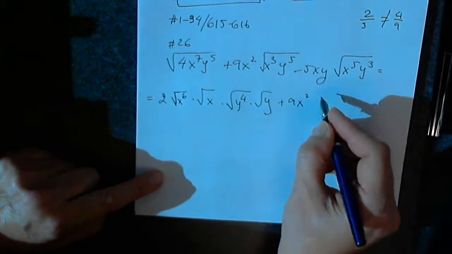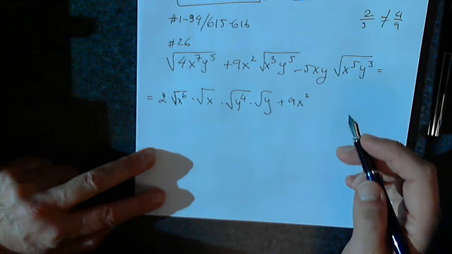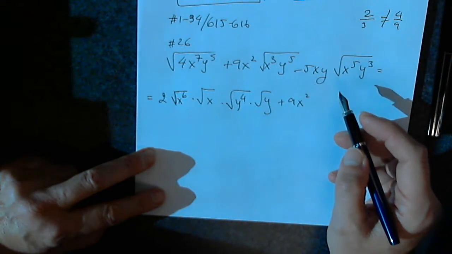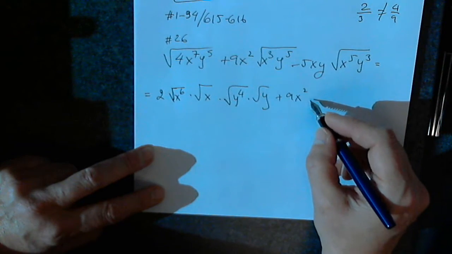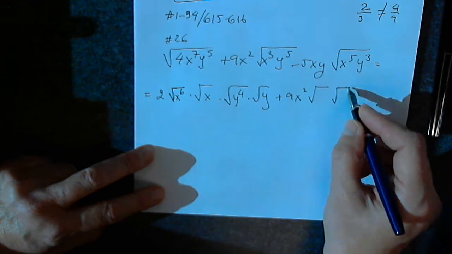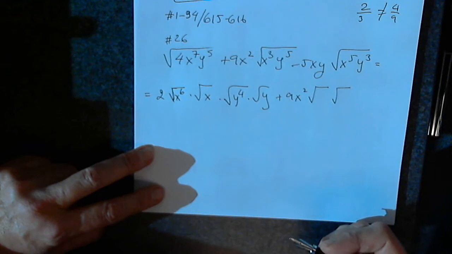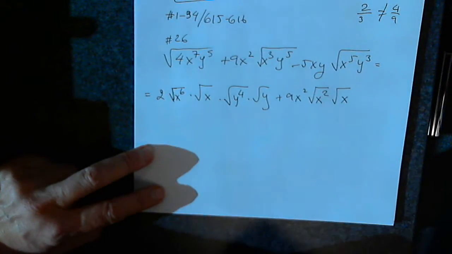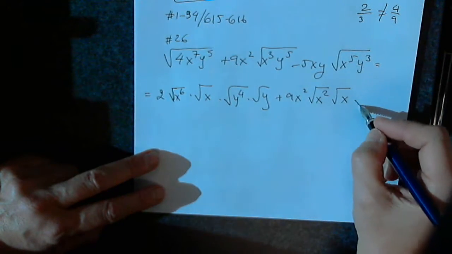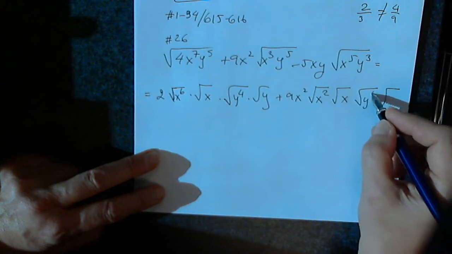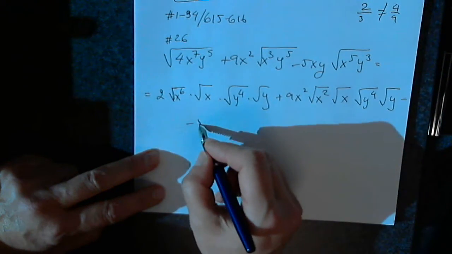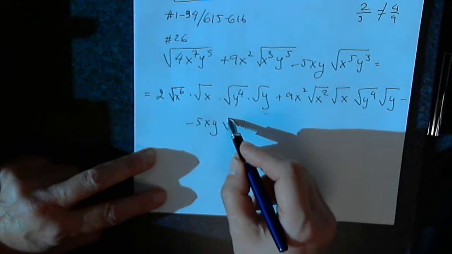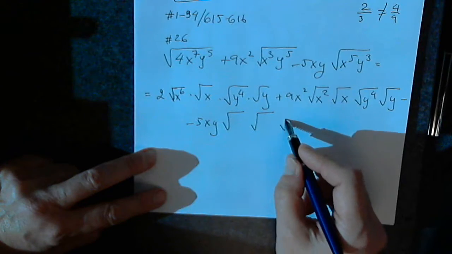Plus 9x squared. Then square root of and square root of. Very good. X squared. Yes. And now y to the 5th. Very good. And minus 5xy for x to the 5th. And then for y to the 3rd.